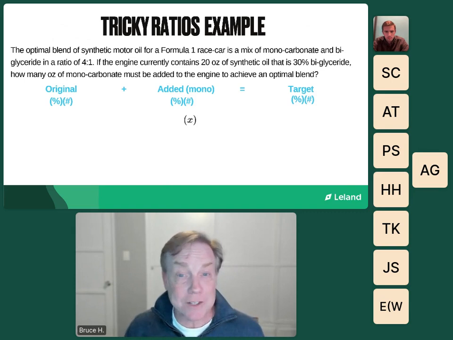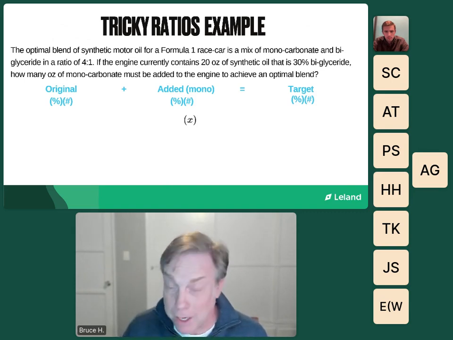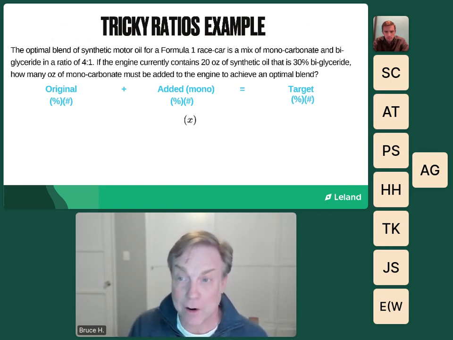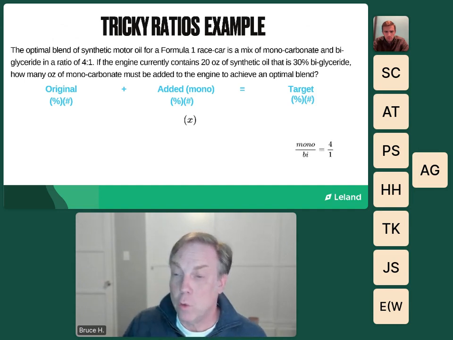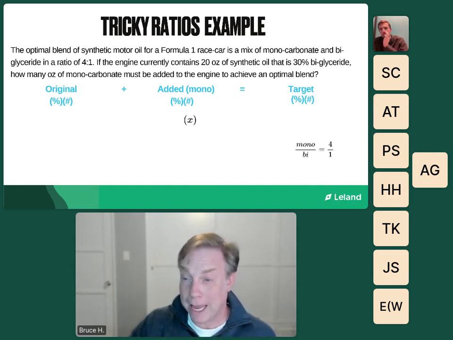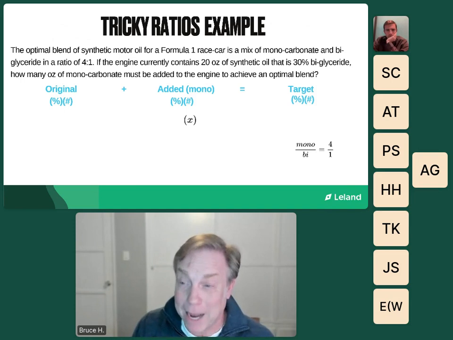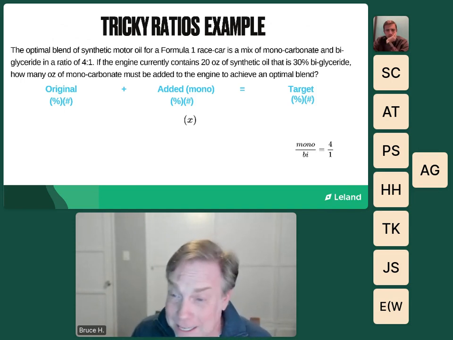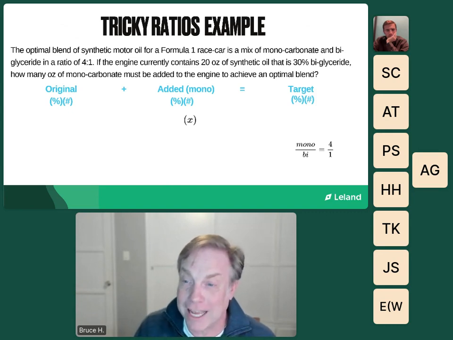So we're being asked for how much of this monocarbonate we need to add. That's our X. So we're told that we have a blend of monocarbonate to biglyceride in a 4-to-1 ratio, but that doesn't help us. Our target needs to be mono over total.